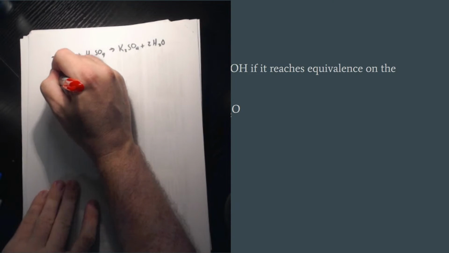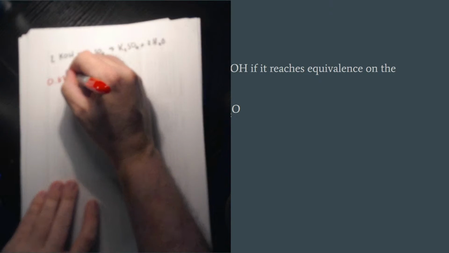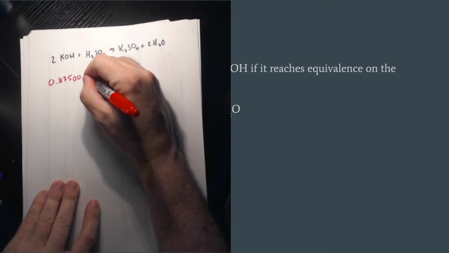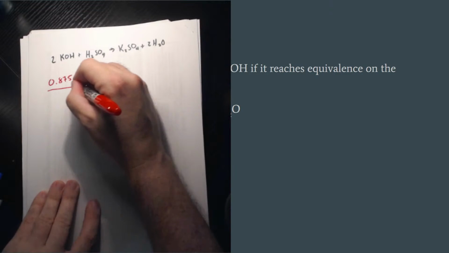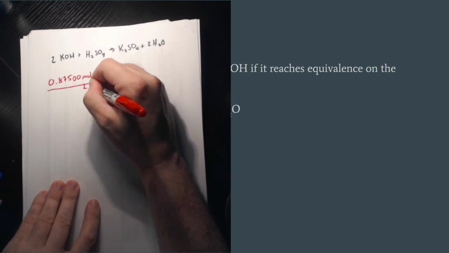We have 0.87500 molar, so molarity is moles per liter of our H2SO4.